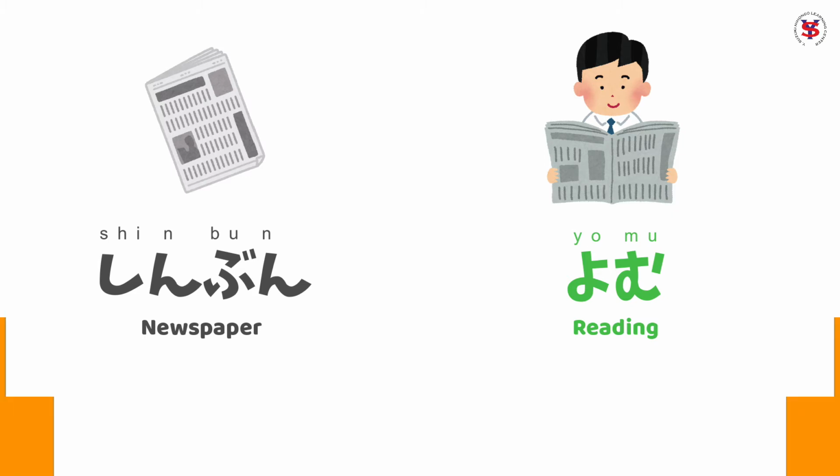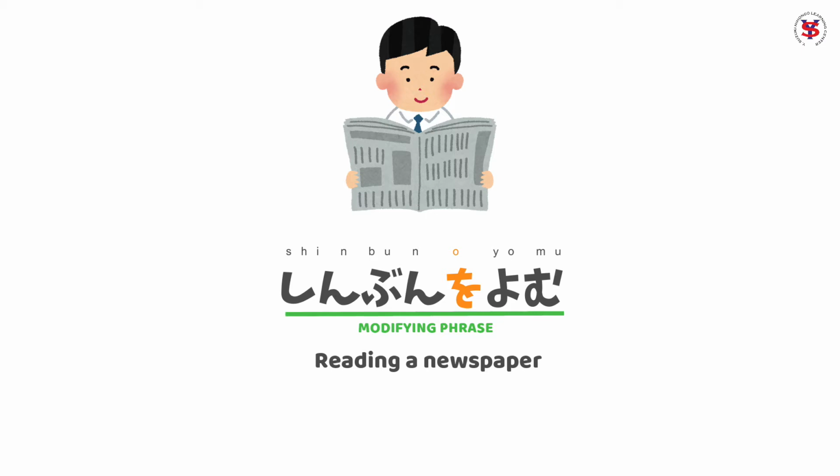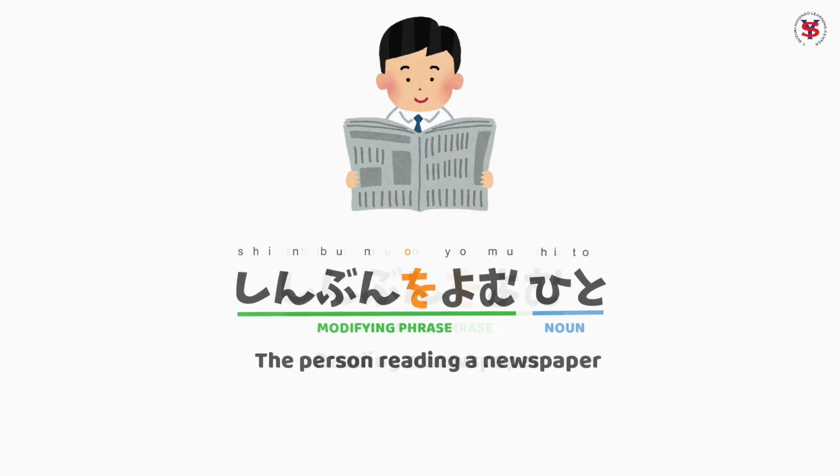Ang modifying phrase natin ay shimbun o yomu. Then, susundan naman ng noun, which is hito. So, magiging ganito ang modified noun natin: shimbun o yomu hito. So, this is one way of using a phrase or sentence to describe a noun.